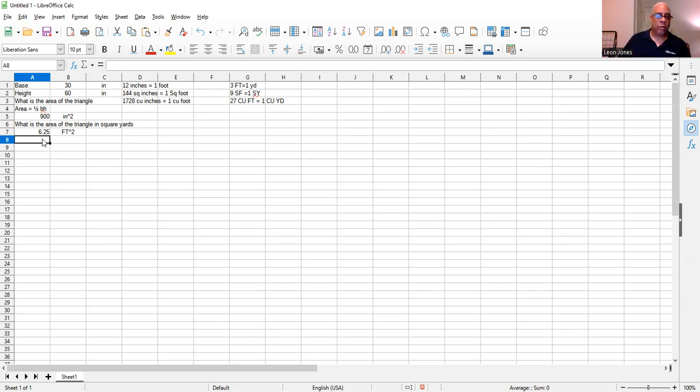So, in order to convert square feet into square yards, I already have 6.25. Right now we're in square feet, but what do I want? I want square yards. So I'm going to divide by 9. Why? Because if you look at the factors up here, 9 square feet equals 1 square yard.